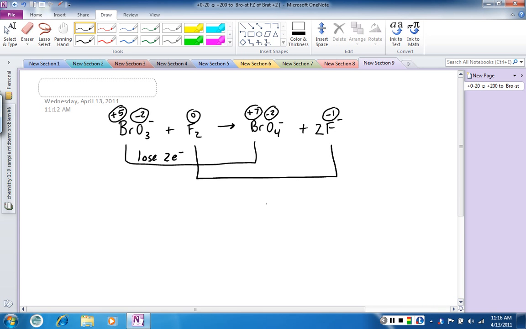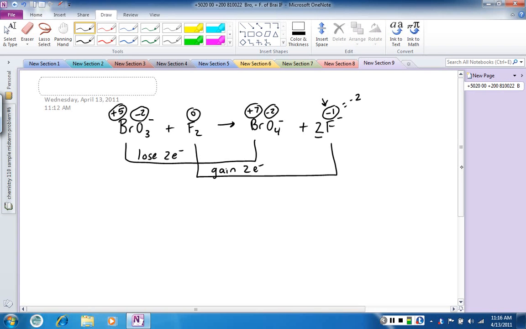But remember, you've got 2 minus 1, so that's effectively -2. So from 0 to -2 is gaining 2 electrons. So, are those equal? They are. So we don't have to rewrite any coefficients.